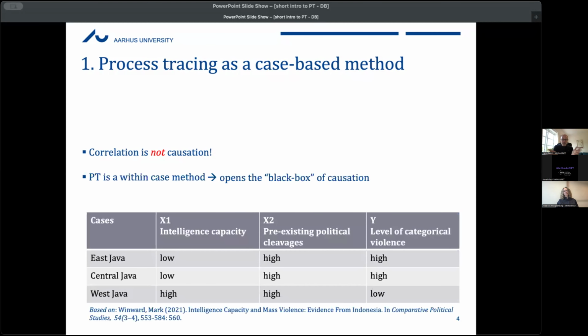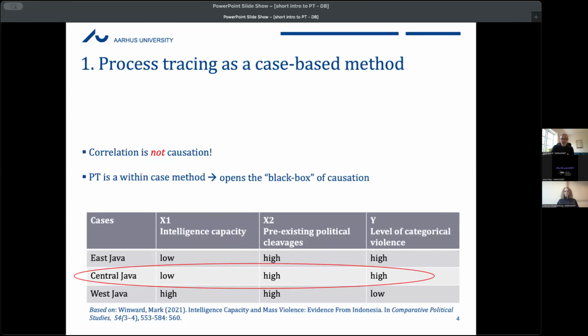So if we have, for example, intelligence capacity and levels of violence, it looks like there's a relationship with X1. When X1 is low, there's a high degree of violence, and vice versa. When X1 is high, you have a low degree of violence. But is that causal?